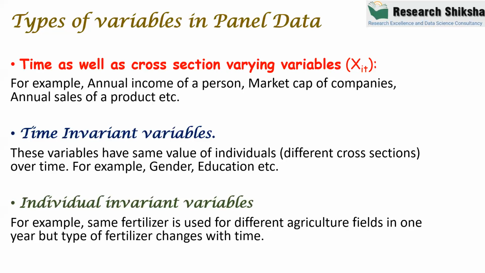Okay. So the last one, individual invariant, means if you are collecting the data of 20 agriculture fields, it may be possible that the amount of fertilizer is the same for all the fields. The type of fertilizer may be the same for all the 20 agriculture fields, right?